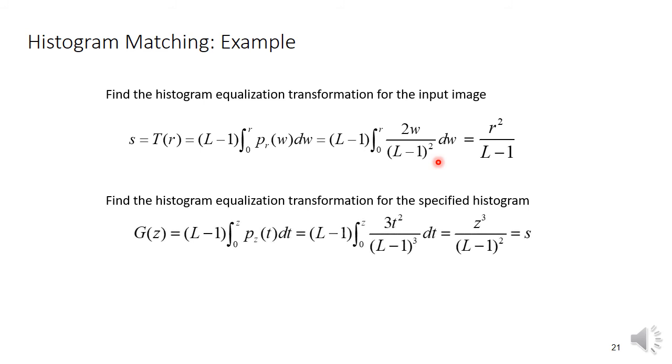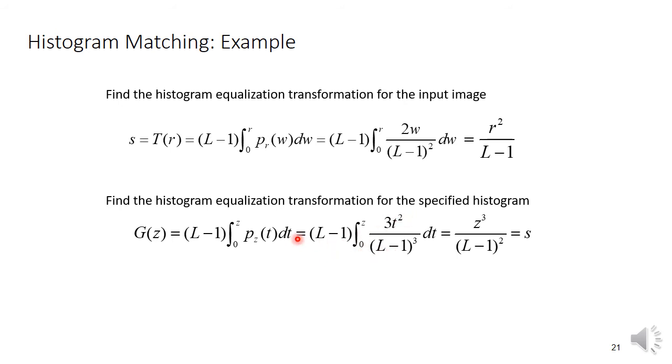Okay, we have to find the histogram equalization transformation for the specified histogram, G(z), which was t square over (L minus 1) cube. So we apply this formula: (L minus 1) times the integral from 0 to z of p_z(t) dt.